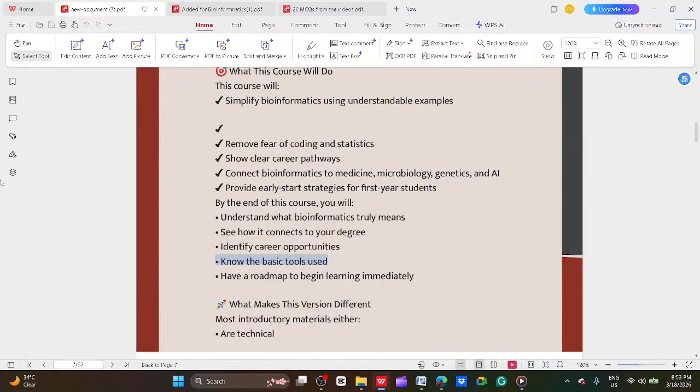Then you should be able to have a roadmap at the end of this course, so that you can be a bioinformatician in the biotechnological industry. If you don't want to go into biotechnology, you can say, okay, let me go to pharmaceutical.